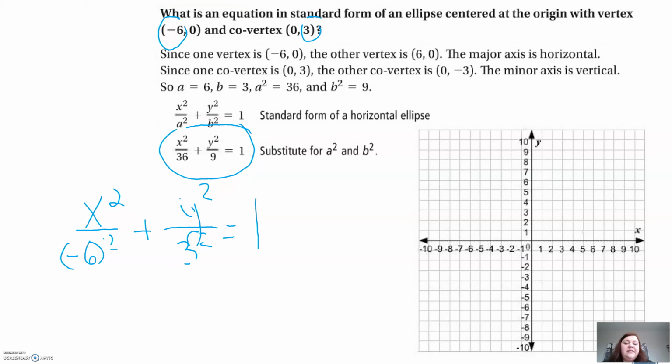Now, if we were asked to graph this, we could go ahead and graph those 2 points given to us, -6, 0. So go ahead and put that point on here. And 0, 3. So that's up here. Now, since it is an ellipse, we know there's going to be a point over here, 6. That's the other vertex.